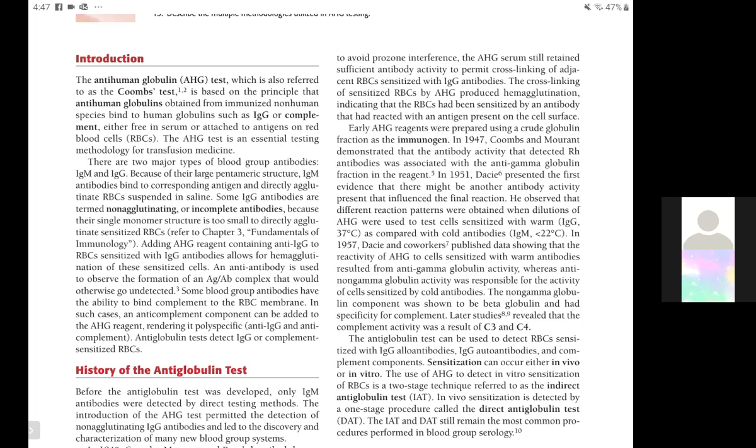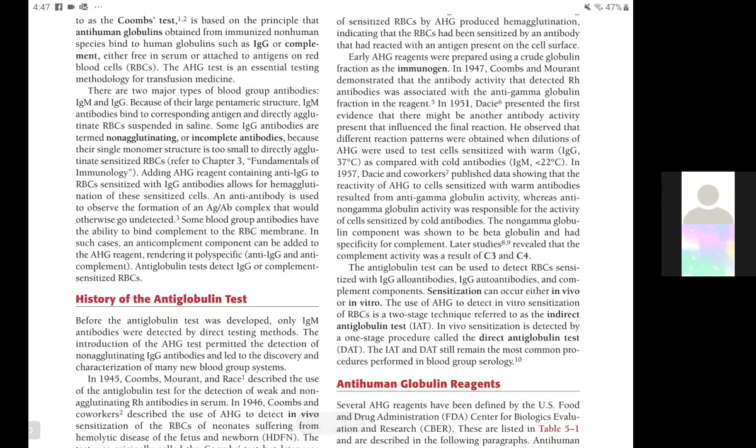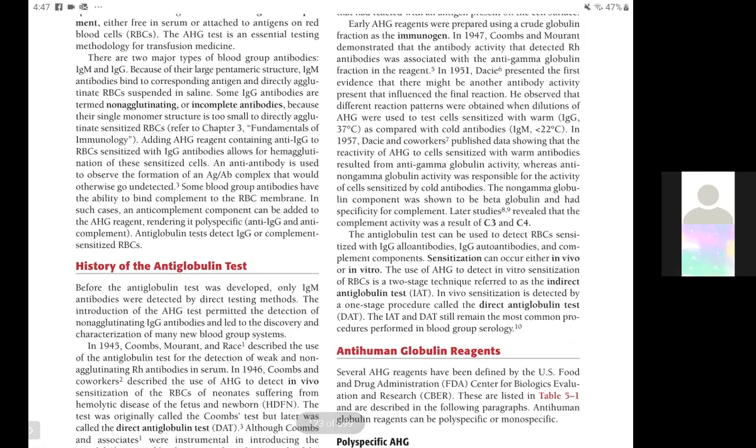Early AHG reagents were prepared using a crude globulin fraction as the immunogen. Then Dacie also presented the first evidence that there was another antibody activity present. He observed that different reaction patterns were obtained when dilutions of AHG were used to test cells sensitized with warm IgG as compared with cold IgG.